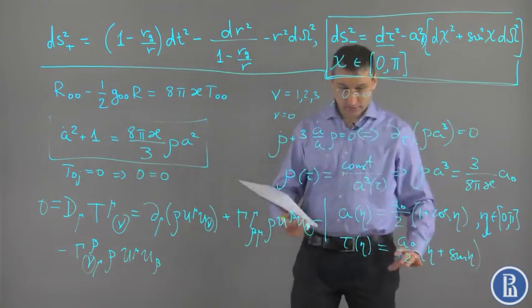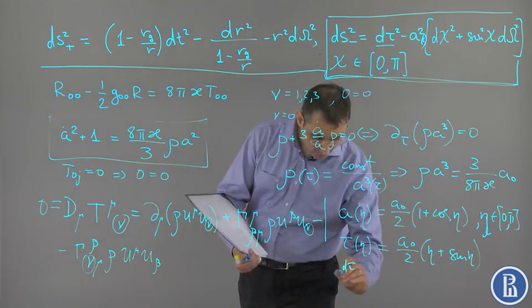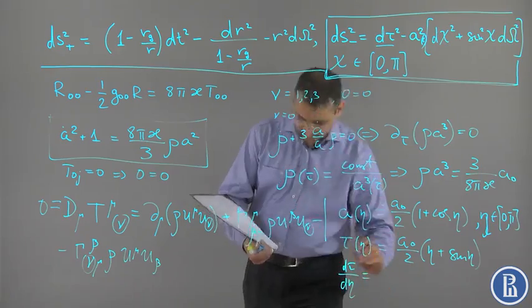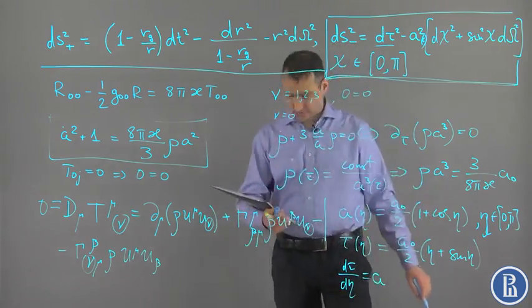In fact, it's not hard to see that d tau over d eta is nothing but A, just after differentiation.